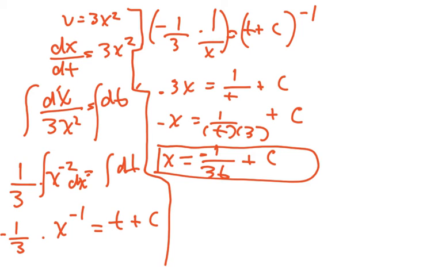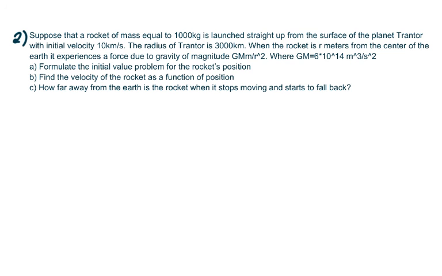Now let's jump straight into a more involved problem, but under the same principle. Problem number 2 reads, suppose that a rocket of mass equal to 1,000 kilograms is launched straight up from the surface of the planet Trantor with initial velocity 10 kilometers per second. The radius of Trantor is 3,000 kilometers.